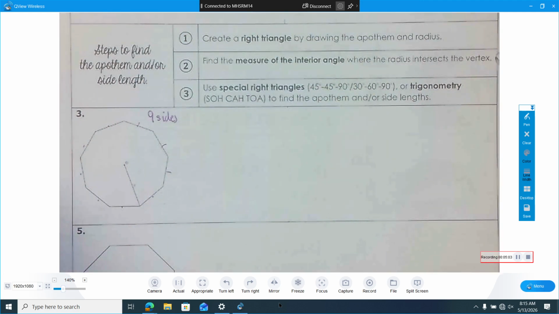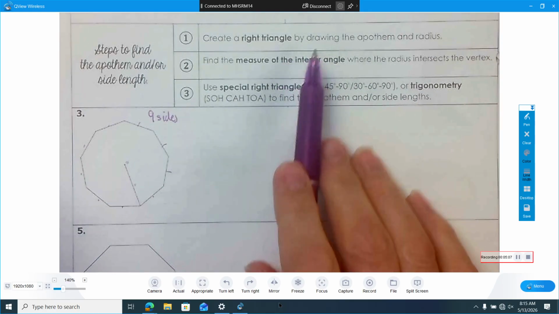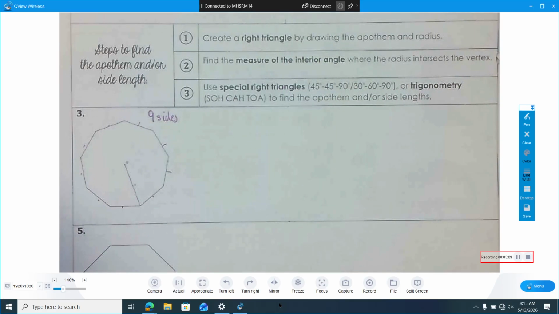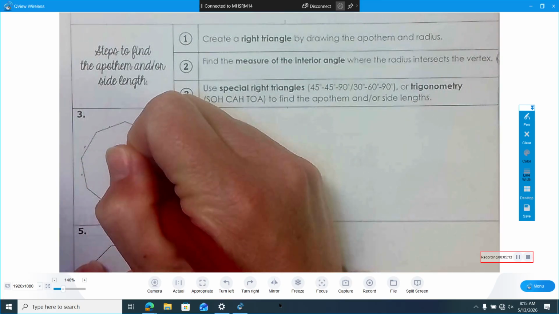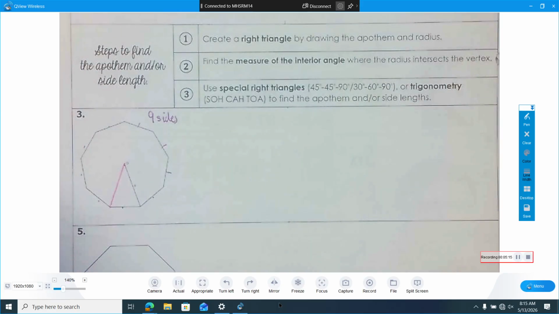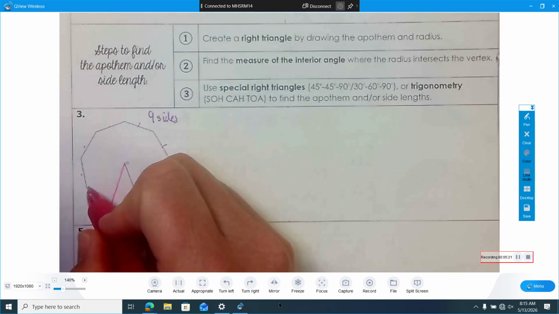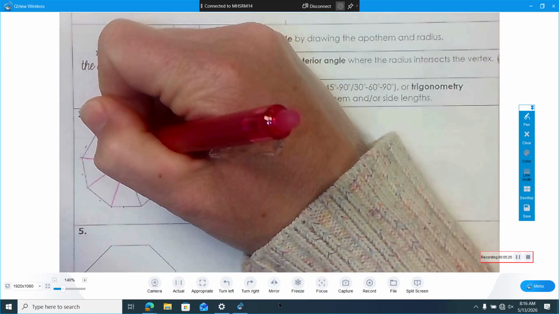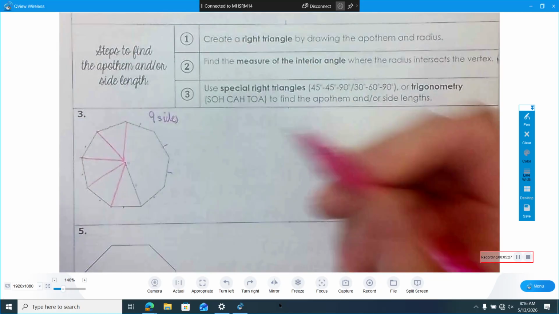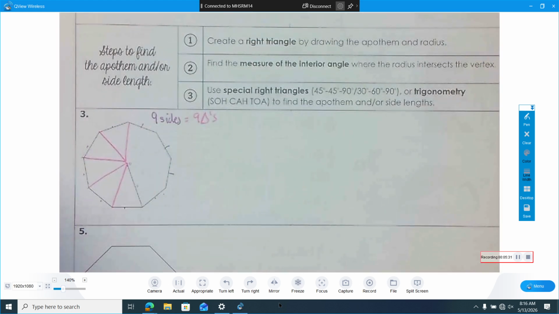And step 1 says, create a right triangle by drawing the apothem and radius. Well, I'm just going to start by drawing my triangle. So there's my first triangle. How many of these triangles are there? 9. There are going to be 9 of these congruent triangles. And you can see if I kept drawing, we've got 9 sides, so we've got 9 triangles in here, okay?